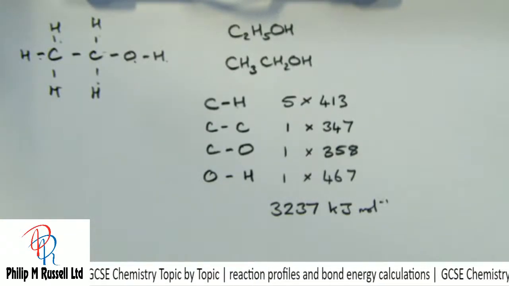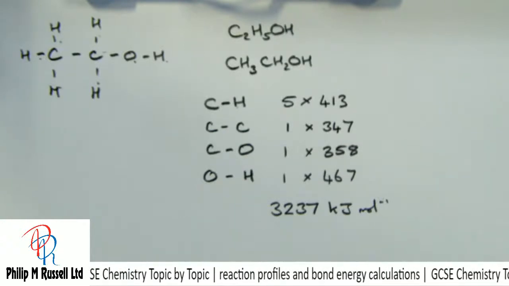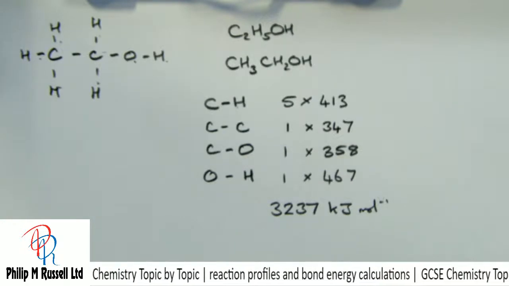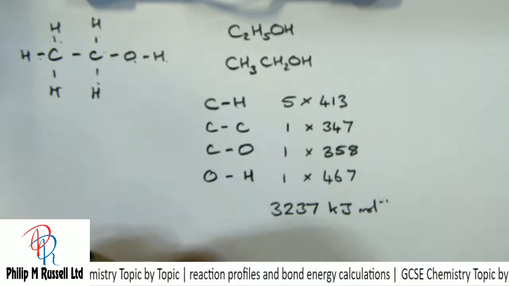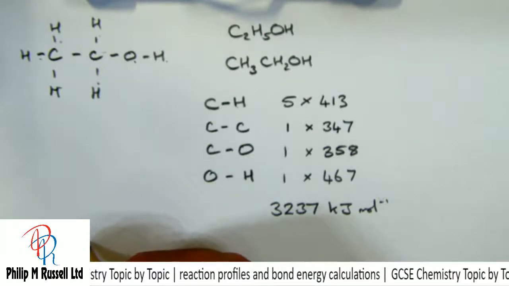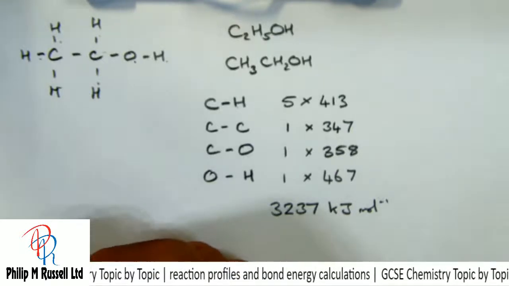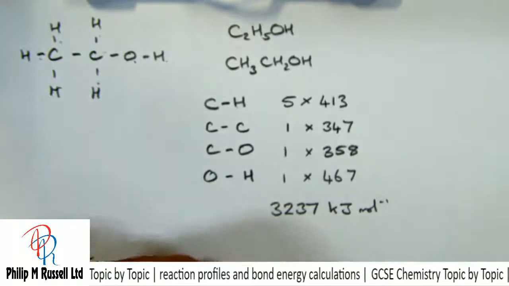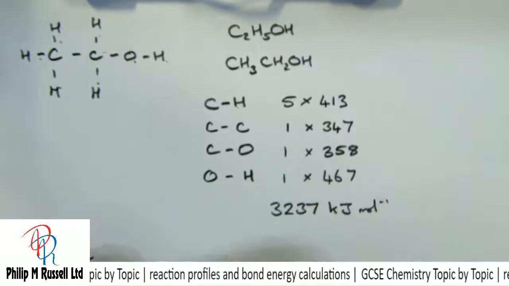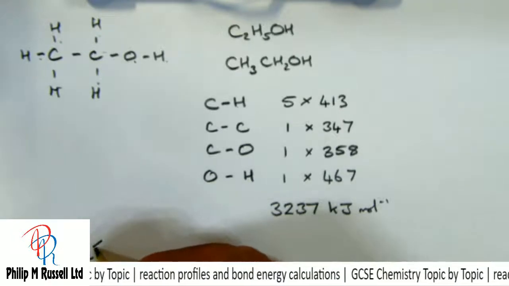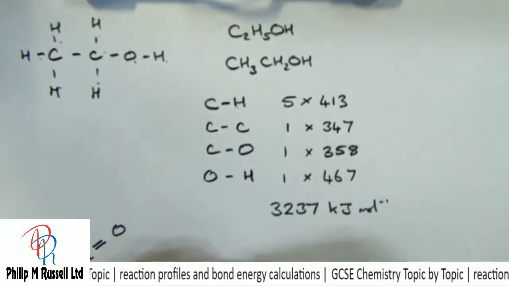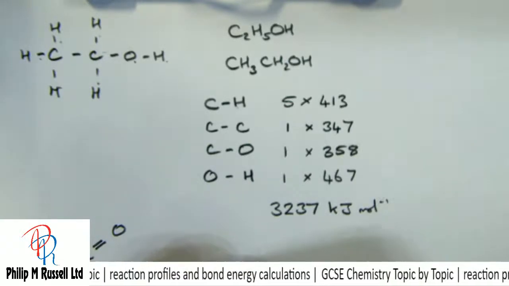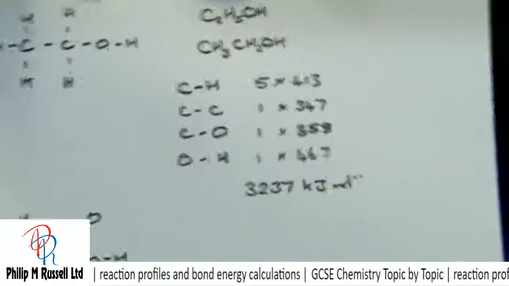If we had a slightly different molecule, and I'm just going to draw a slightly different one very quickly out, like this one, and this is a slightly different chemical.